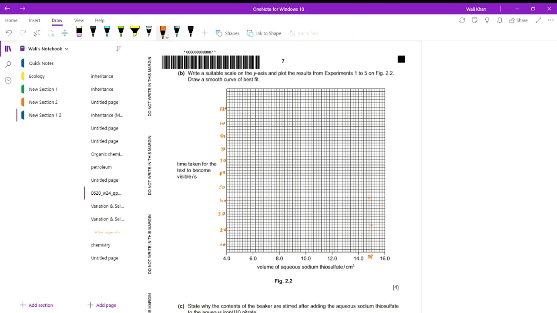Then next is 10. For 10 we have 51. Then we have 7. This is 7, and this time we have 63. Then we have 6. At 6 we have reading 98. Then 198 at 5.